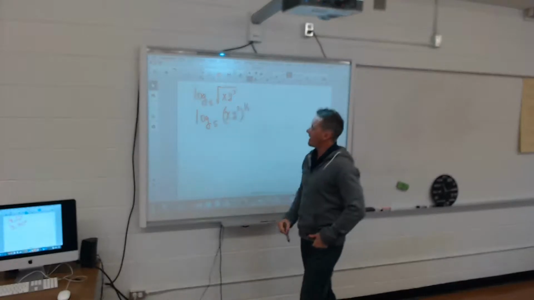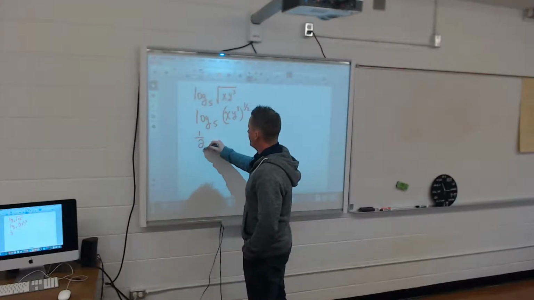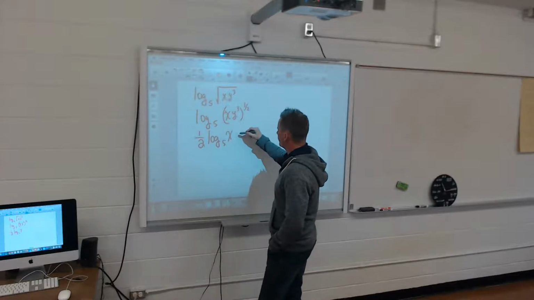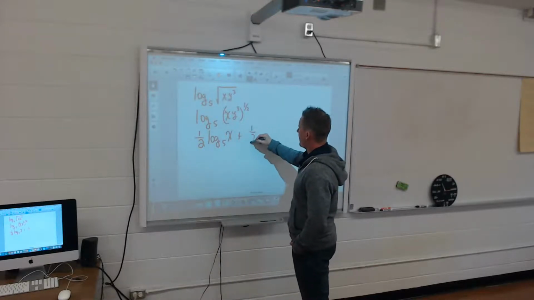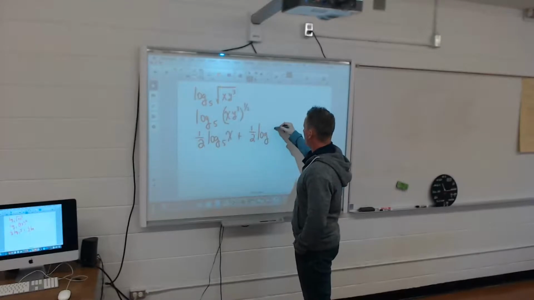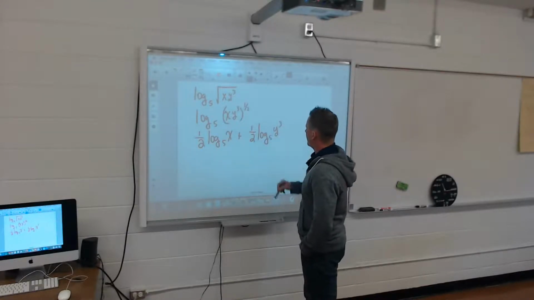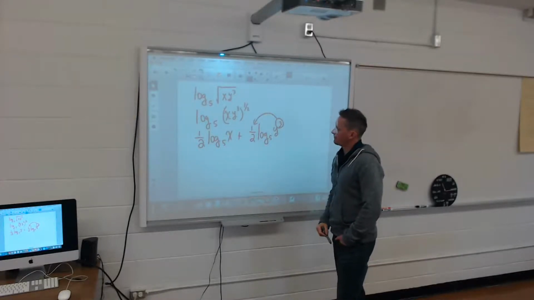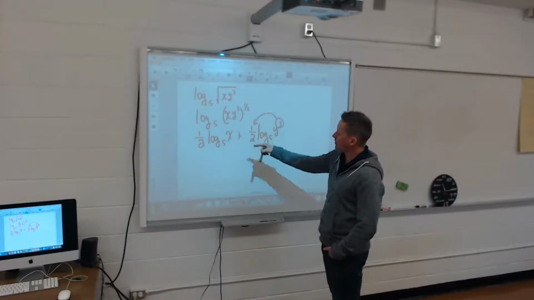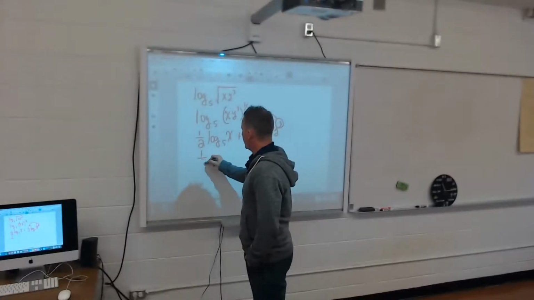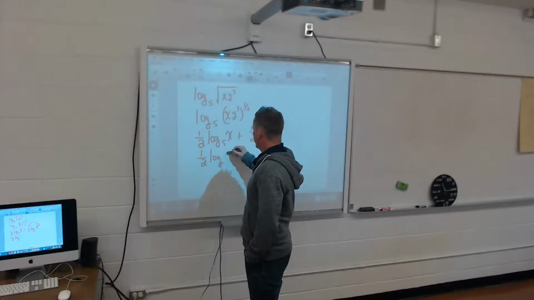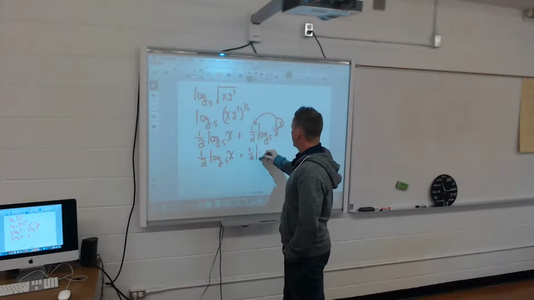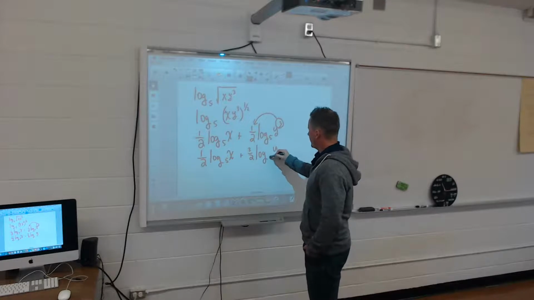So I move that 1/2 to the front, and I'm going to end up with 1/2 log x base 5 plus 1/2 log y cubed to the base 5. Well, I still have this here. I have to multiply it by 1/2. So I get 1/2 log x base 5 plus 3/2 log y to the base 5.